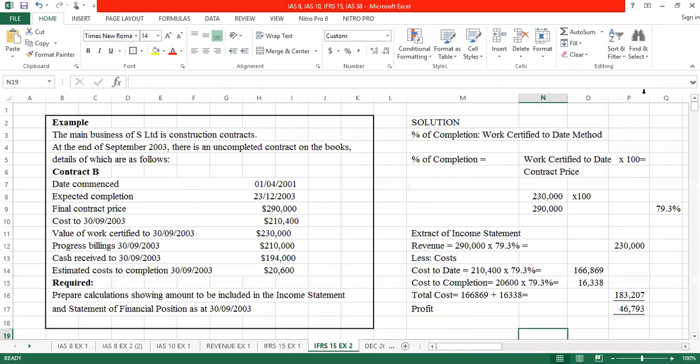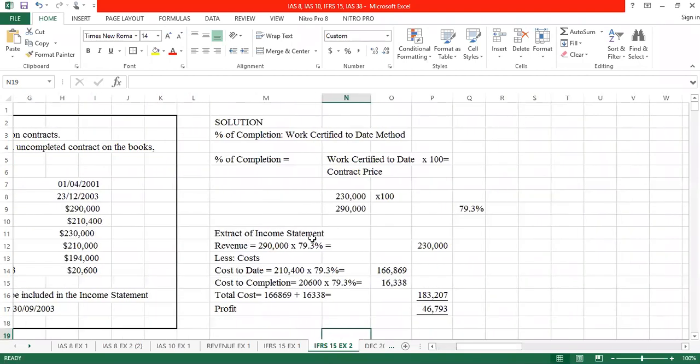So how did you know the contract is profitable? You take the price, and I think it's not the first time I'm doing that.